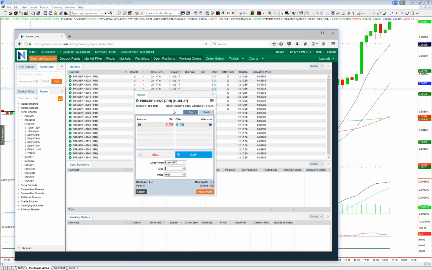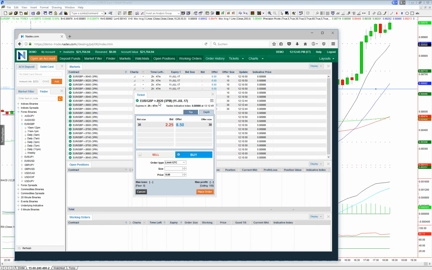The contract that you have here is that at expiry, 2 hours, 47 minutes, you are expecting Euro GBP to be above 0.8920. If that's the case, exactly at expiry, if price is trading above this level, not at this level, but above this level, note it's a larger than sign, it's not larger than or equal to.